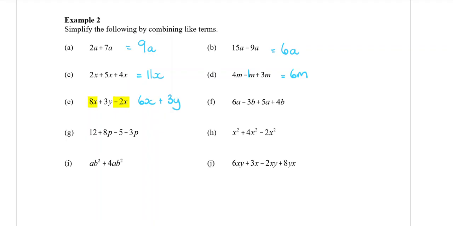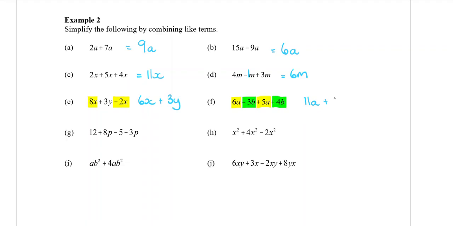6a minus 3b plus 5a plus 4b. So the 6a and the plus 5a, they're like terms. And minus 3b plus 4b, they're like terms. So we have two different sets of like terms in this. Starting with the a terms, 6 plus 5 makes 11 a's. Then we look at the b's. We have minus 3 plus 4, which equals 1b.